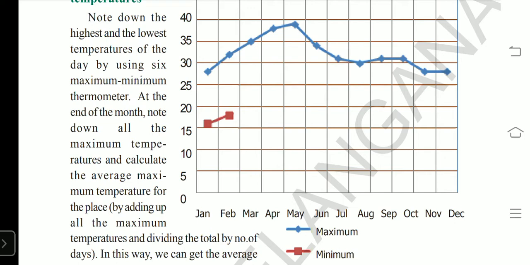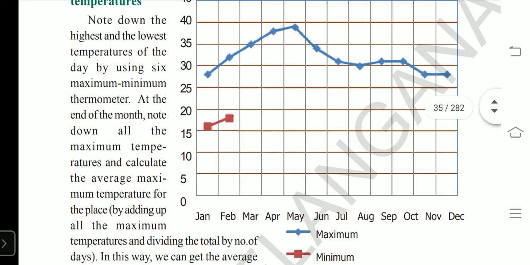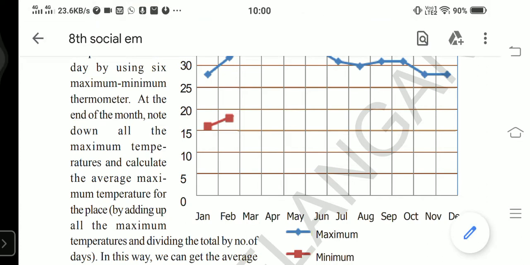We get this by measuring the temperature for the January month every day. We take the maximum temperature and the minimum temperature. For a place, there will be maximum and minimum temperatures. So we take the maximum temperature for every day throughout January, and the minimum temperature for every day throughout January.